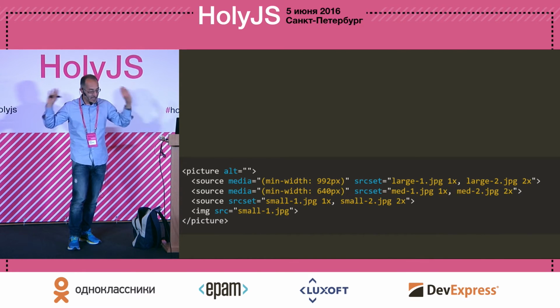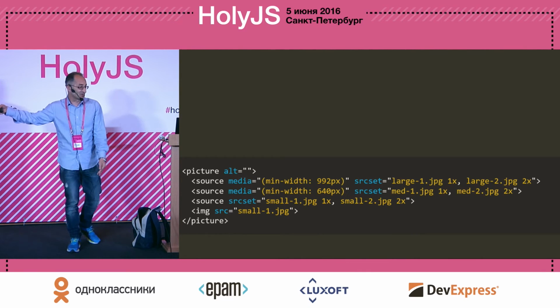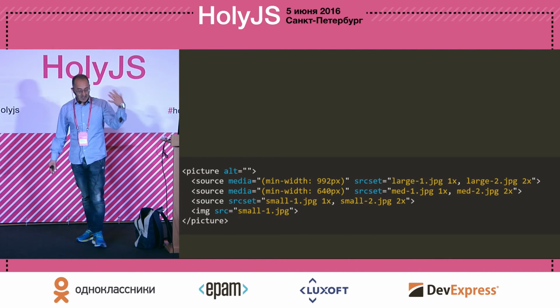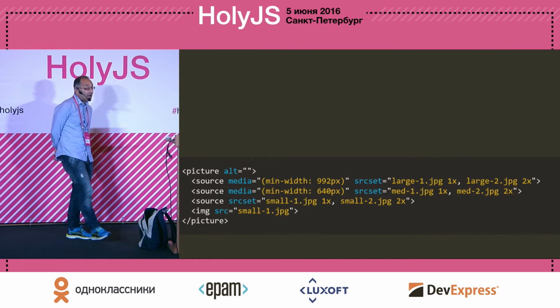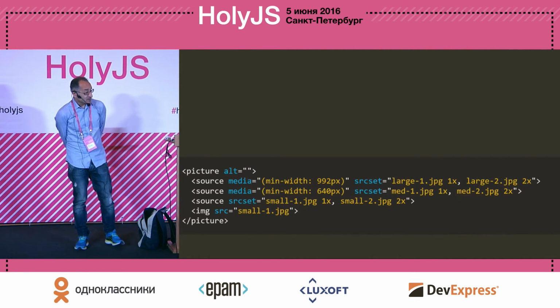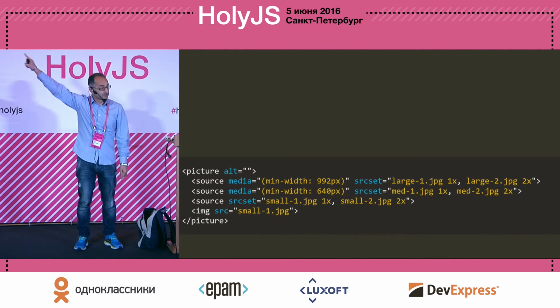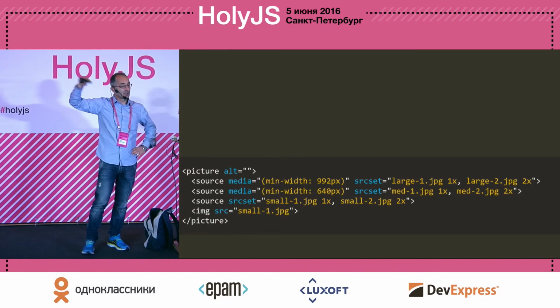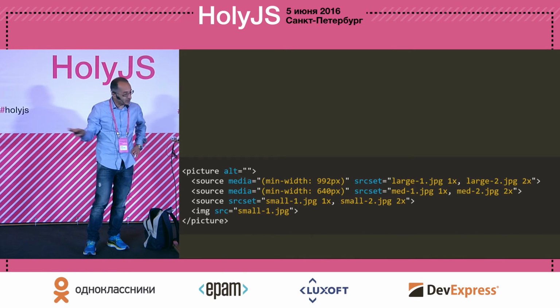The IMG tag takes the SRC attribute and points to whatever JPEG or PNG image you have somewhere on some HTTP server. That's it. The IMG tag is processed by browsers, and browsers at the moment do nothing more than open another request, another socket to the specified URL, download the bits and render the bits. Period. That's all they do.